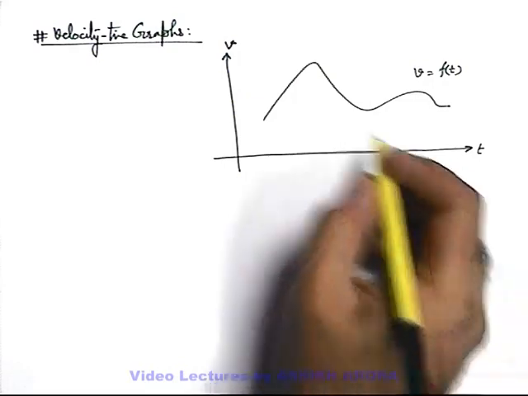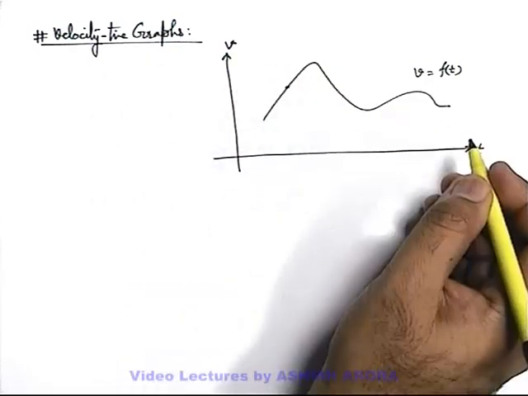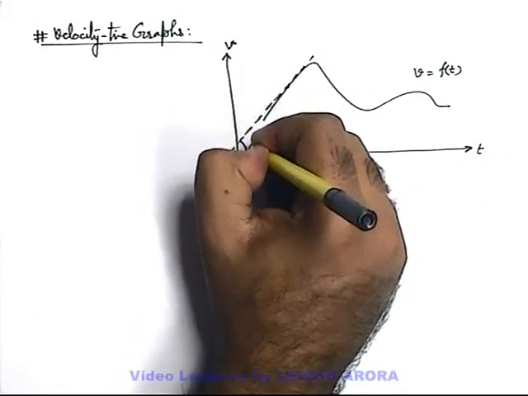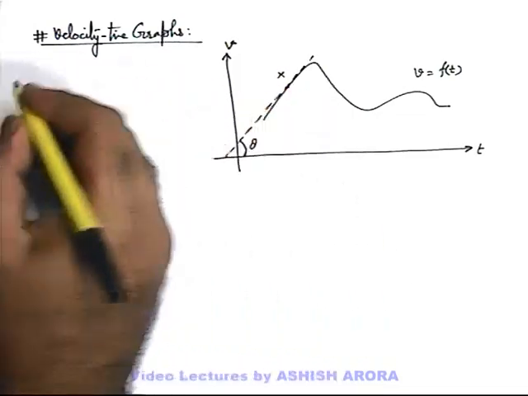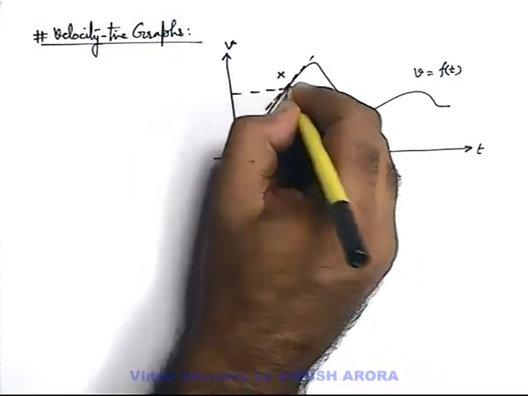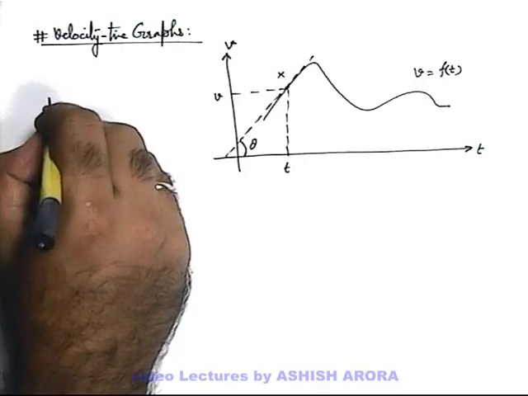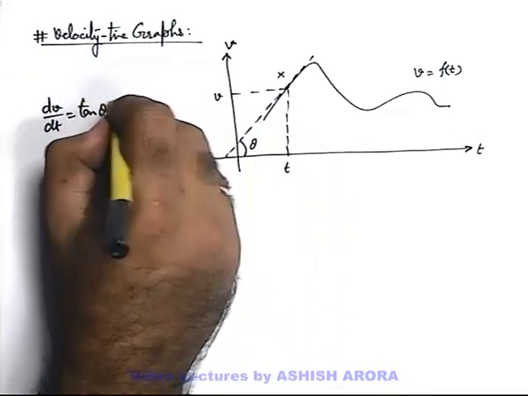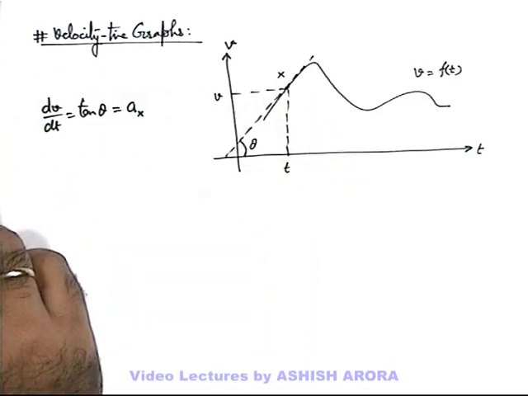At any position of this graph, similar to that of the displacement time graph, here if you draw a tangent and find out the slope of this graph, say at point x, this point is relating time with the velocity. And here the slope can be written as dv by dt, or it can be written as tan theta.